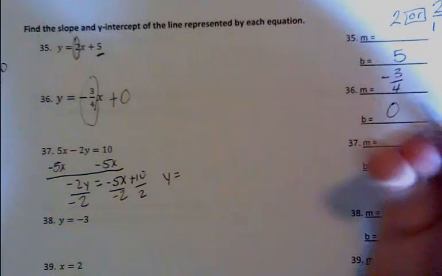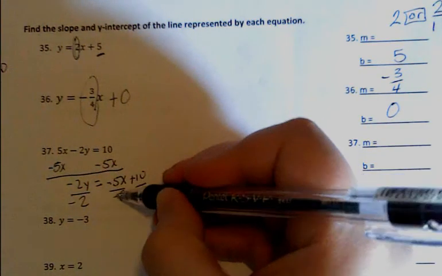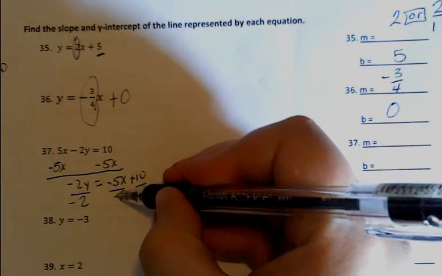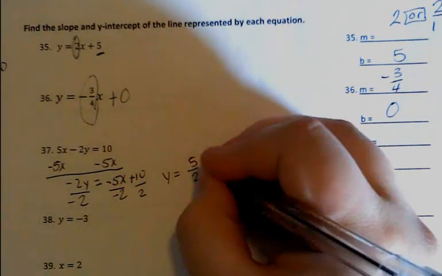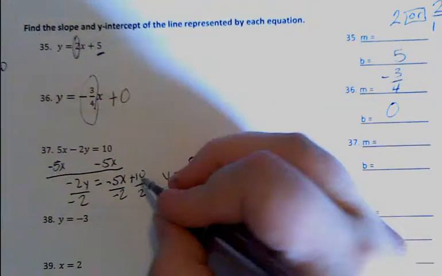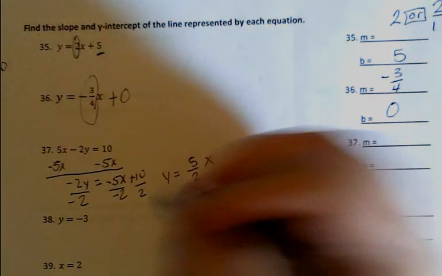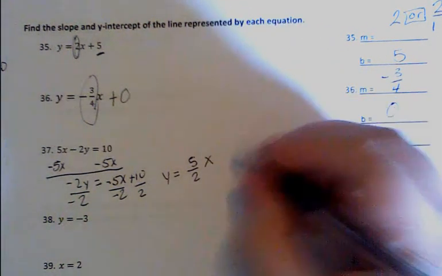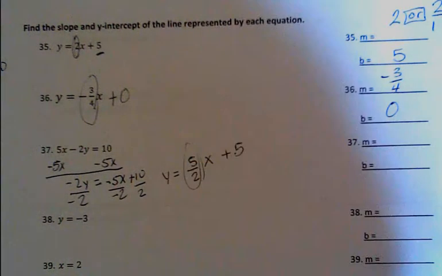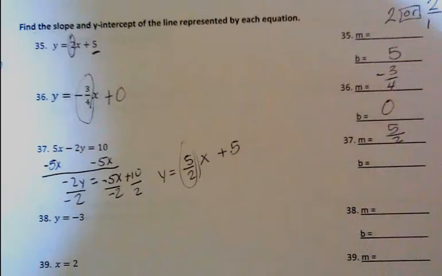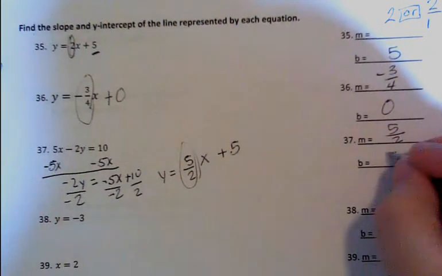A negative divided by a negative is a positive, so that would be a positive 5 over 2 x. And 10 divided by 2 is 5, so that's why we get plus 5 here. So our slope is 5 halves, and our y-intercept is a positive 5.